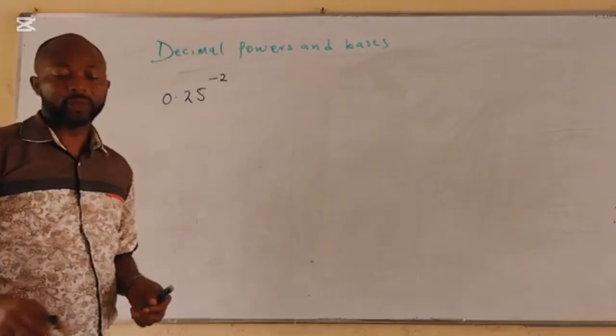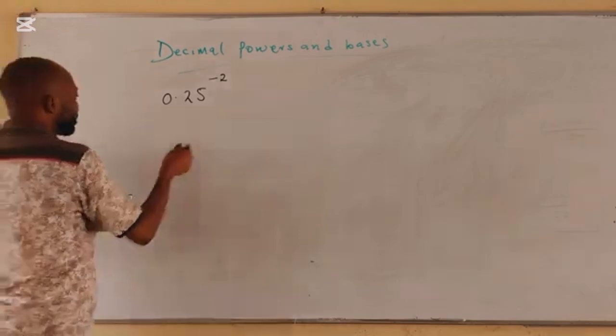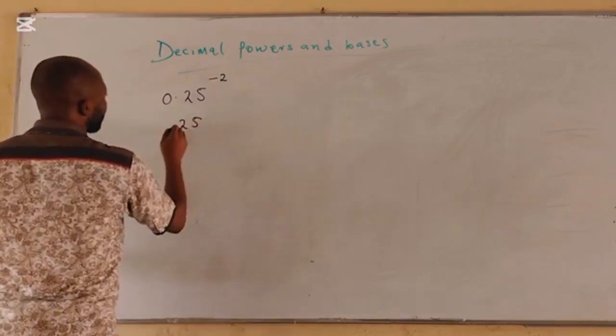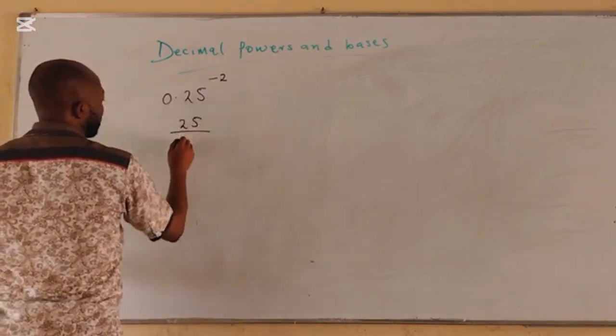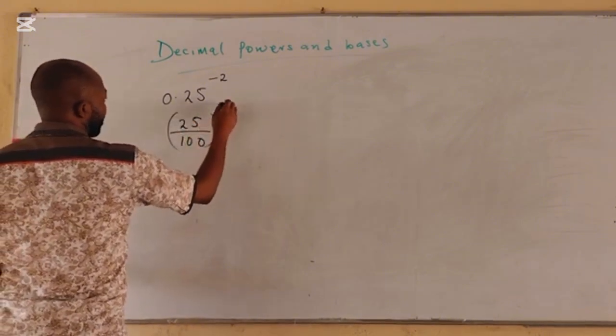Again, we convert this first to a fraction. This is 25 over 100, raised to the power minus 2.